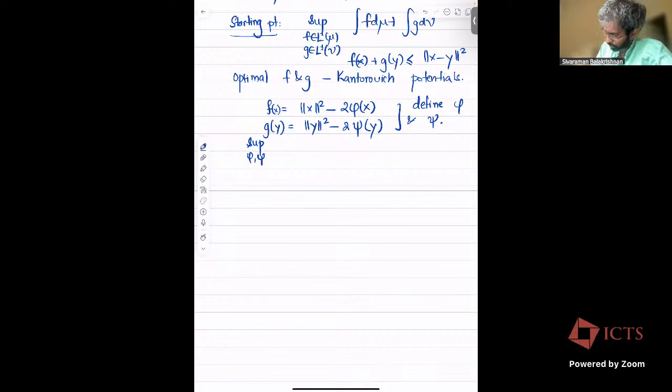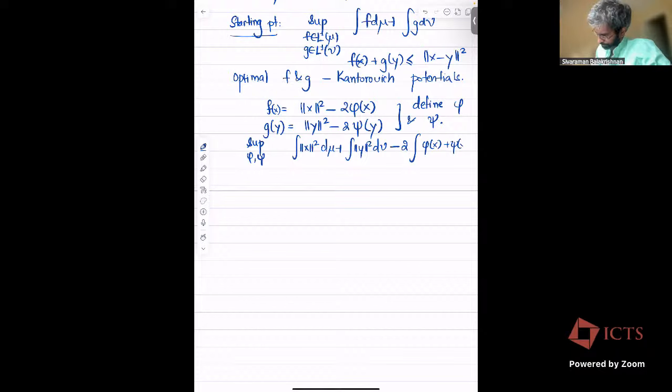The integral of f d mu will look like the integral of the norm of x squared, and then I get minus 2 times the integral of phi plus psi.